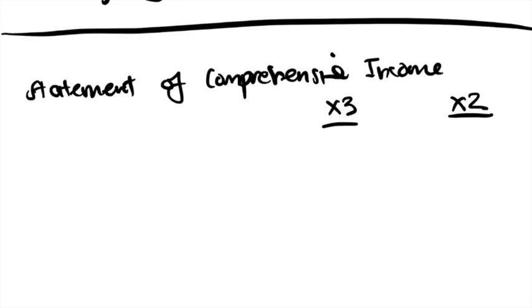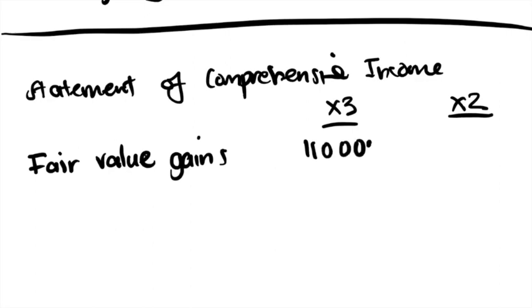So what would be the impact of the fair value adjustments that we've just processed? Well, in terms of our statement of comprehensive income and the information that we already have, we know now that there's going to be this new line item called fair value gains. And in the current year, the fair value gain was 110,000.